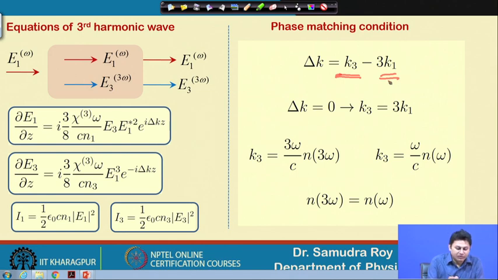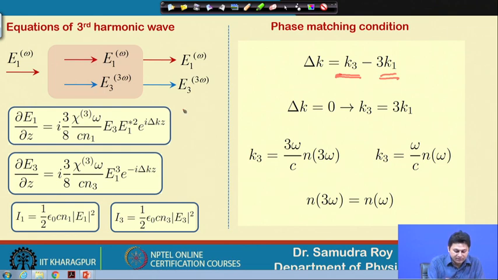fundamental wave. So, here in the left hand picture you can see that electric field E 1 is launched with a frequency omega. Inside the medium where we have the third order effect, E 1 with frequency omega and E 3 with frequency 3 omega are going to be generated, and there will be differential equations that govern the evolution of these two waves.